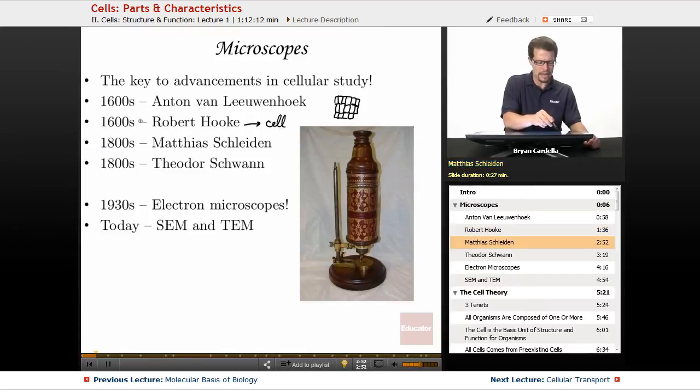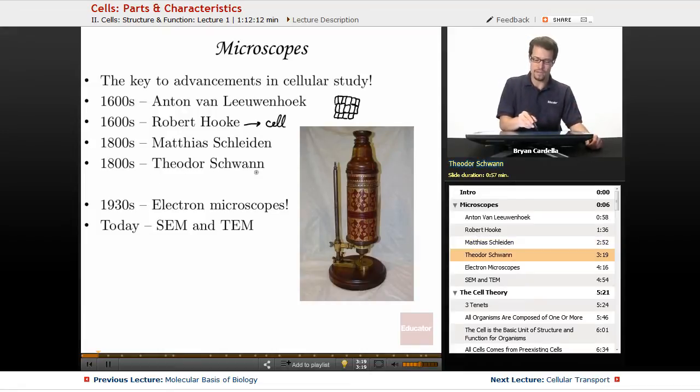In the next couple hundred years, there were more and more advancements in getting better and better microscopes, more lenses, compounding the magnification greater and greater. And then you get to the 1800s where these two scientists had big contributions in their own fields. Matthias Schleiden, a botanist, really specialized in looking at plant cells and realizing what's true of plant cells.